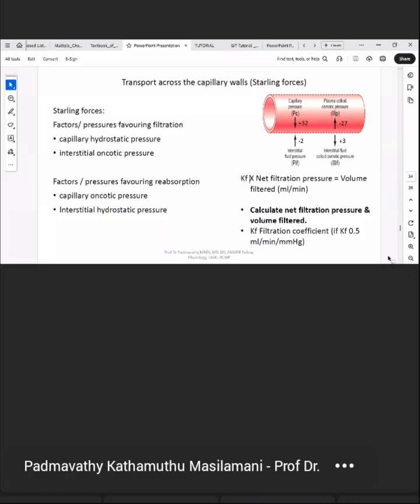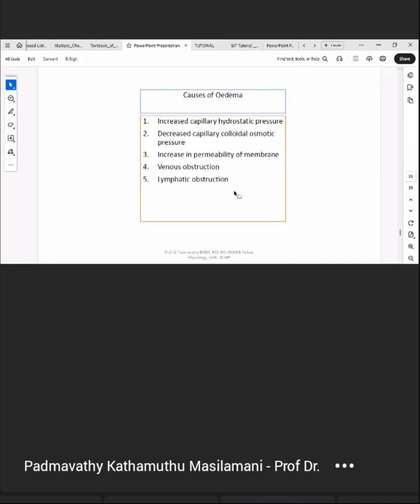The filtration coefficient is affected by the membrane permeability, right? Whichever way the membrane permeability is affected, for example in burns or any inflammation of the membrane, that will affect the filtration coefficient. So that is affecting the permeability. So these are the factors affecting the filtration. The capillary hydrostatic pressure is determined by the blood pressure and also the capillary pressure.